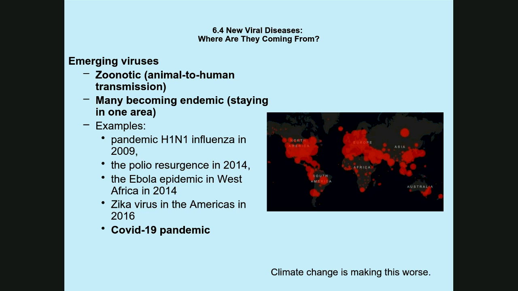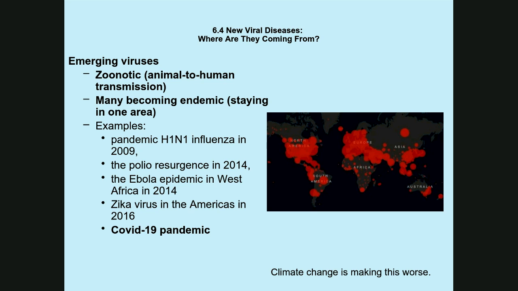Okay, so here are some examples, and you have certainly heard of these before. So H1N1, that H1N1 flu that spiked up in 2009 and had everybody worried, but then we got it under control because it wasn't as contagious as we feared. Polio made a little flare-up in 2014, and we tamped it back down. Ebola in West Africa in 2014, and we still see Ebola pop up every now and then in some weird places.